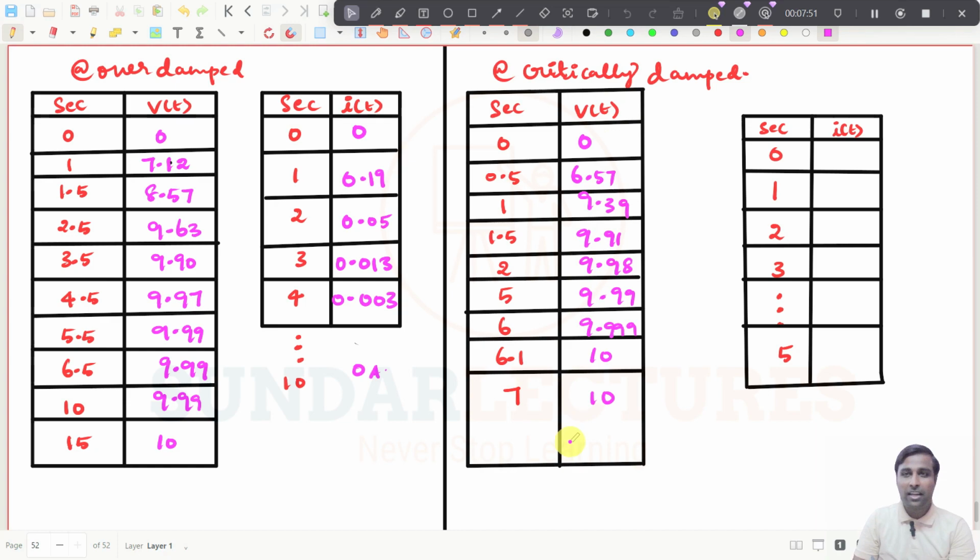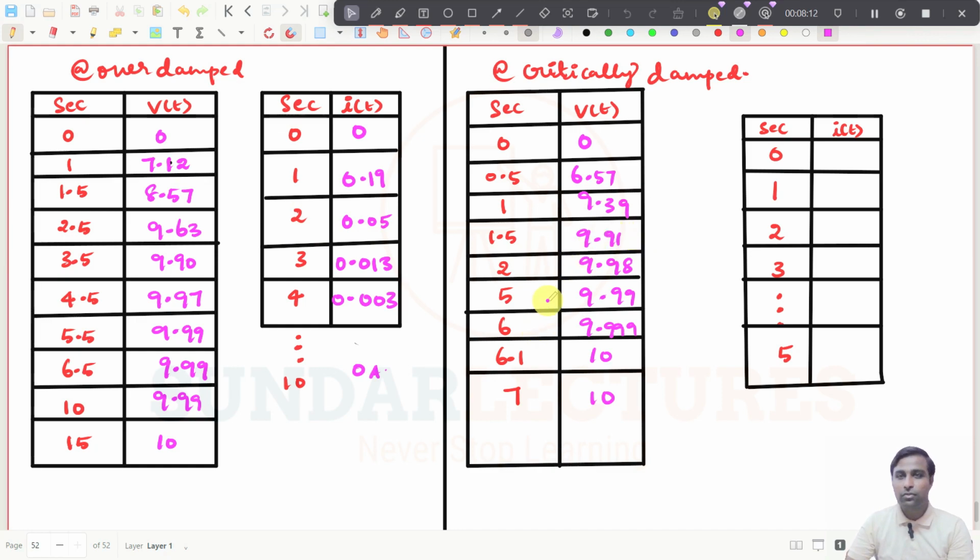See, this is the difference. At 6.5 seconds you get only 9.9 in the over damped case, but in the critically damped case at 6.1 seconds it becomes 10 volt. And at 1.5 seconds it is only 8.5 here, but you are getting 9.91 volt there. That is the difference.